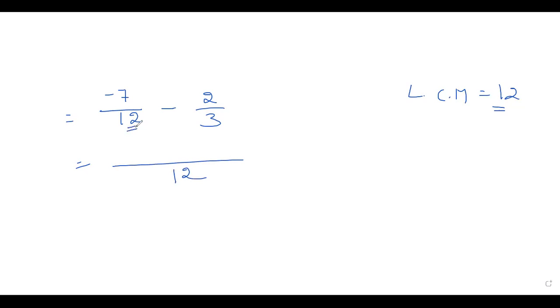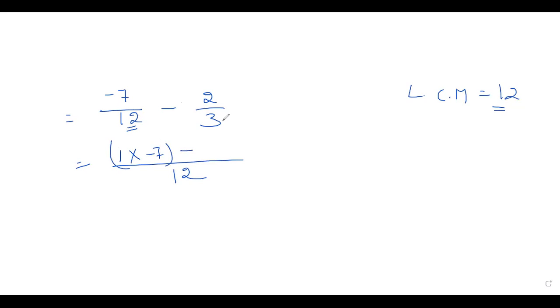Minus 7 by 12 minus 2 by 3. So our LCM is 12. Write the fraction as it is. I will write 12 in the denominator. We have 12 in the first fraction's denominator, so I will multiply by 1 into the numerator, that is minus 7.